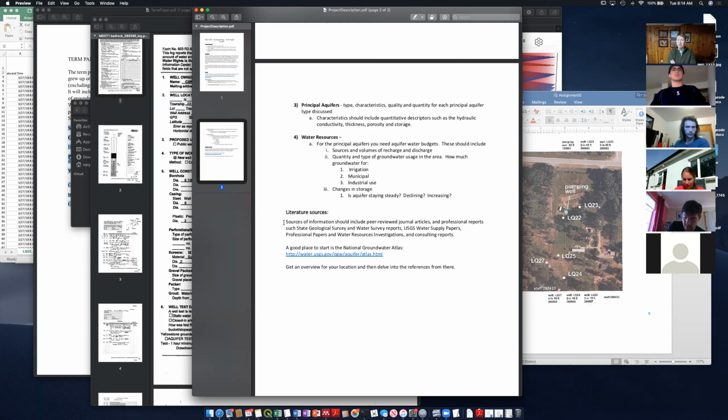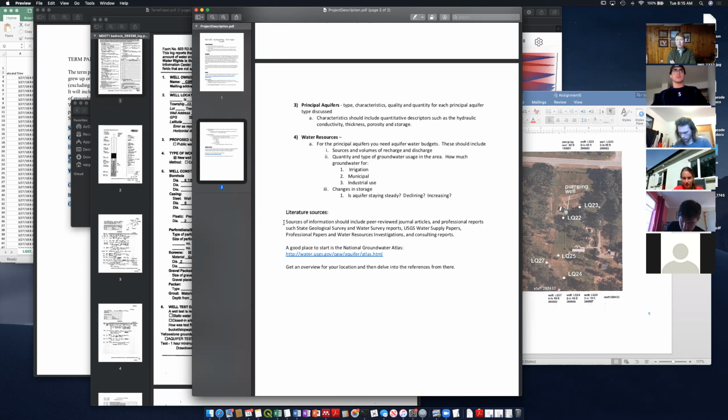So those can be peer-reviewed journal articles, professional reports, so national or state geologic survey or water resource reports, and then consulting reports. There may be consultants who have done work in the area.